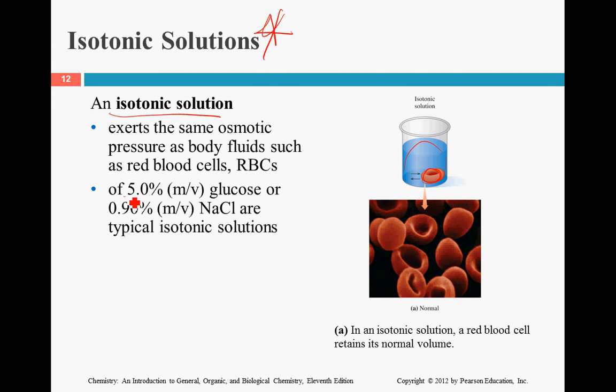So for instance, 5% by mass of glucose has the same pressure as the red blood cells. That means when you put a red blood cell into the solution, the osmosis that occurs is just going to be an exchange. There's not going to be any form of one side getting more water than the other.